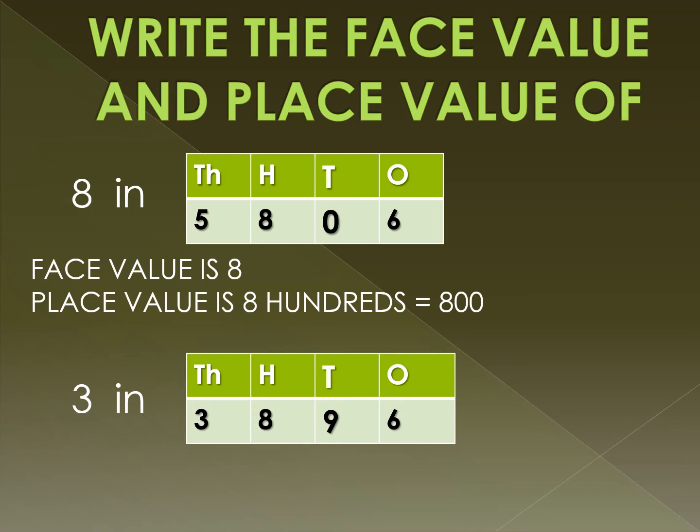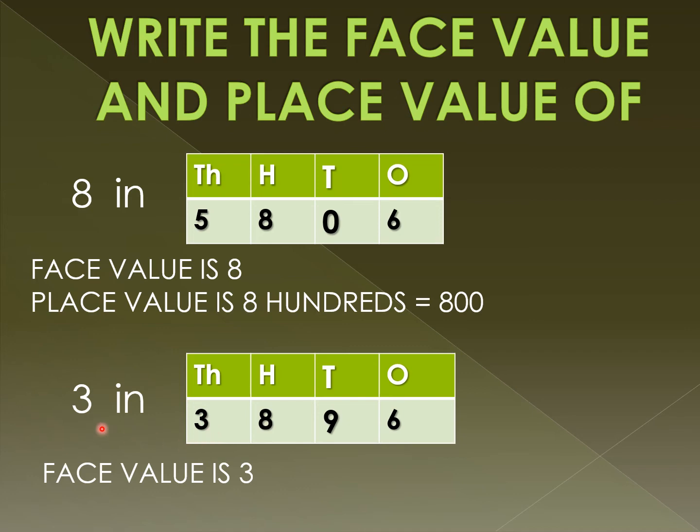Let's try to write the face value and place value of 3 in 3,896. The number is 3,896. Again, the face value is the value of the number itself. So, the face value is 3.